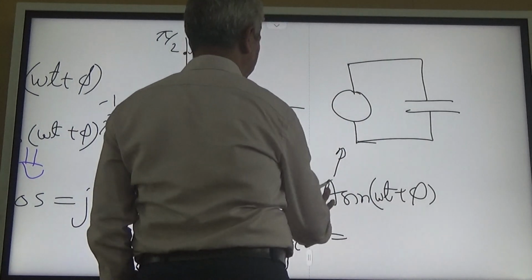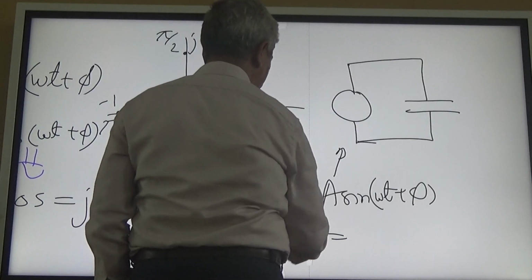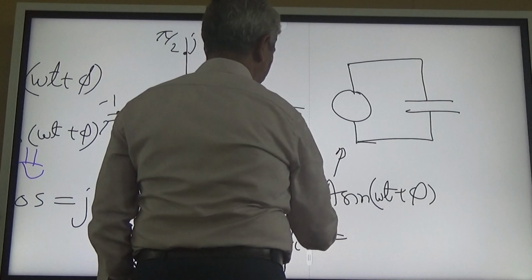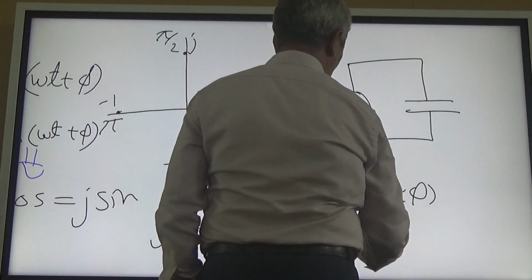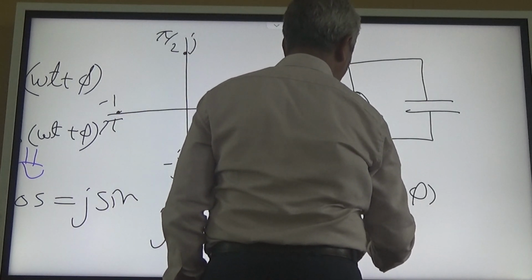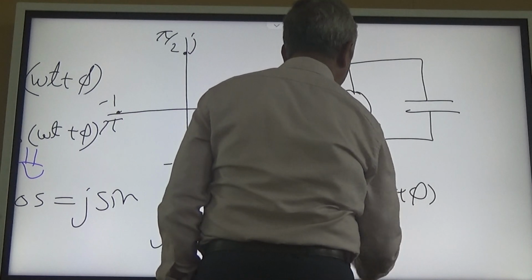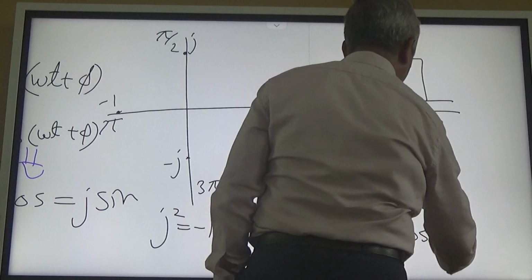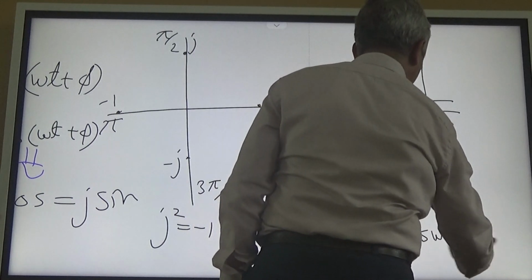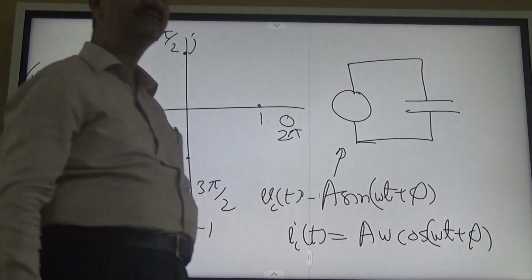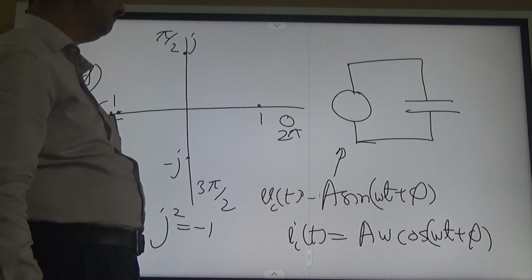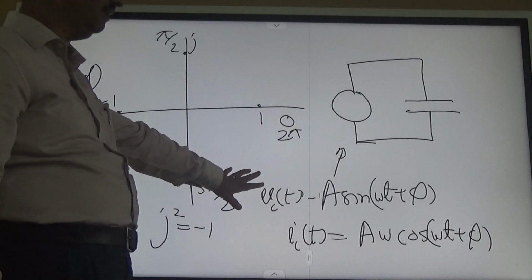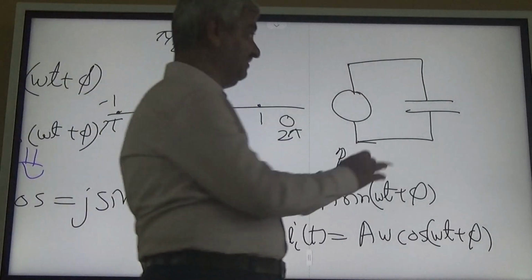IC(t) is equal to omega A cos... into C. It is capacity.